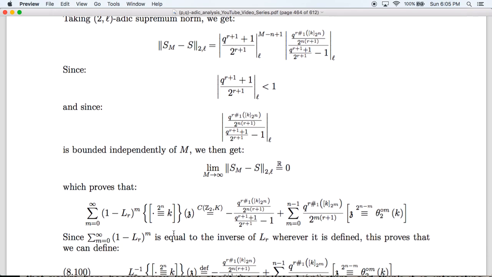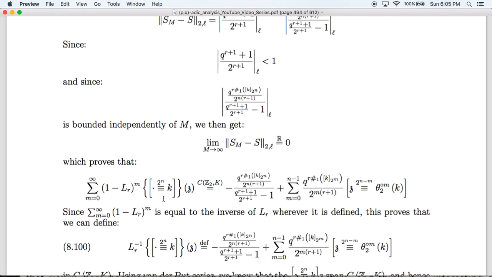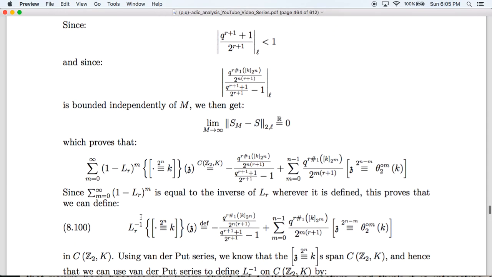In other words, by picking our field extension K, in which this quantity has an L-adic absolute value less than 1, we then get the invertibility. So we've chosen the field extension where LR is invertible as a linear map of the Banach algebra. And so this shows that LR inverse exists in this Banach algebra, and this is how it's done term by term.